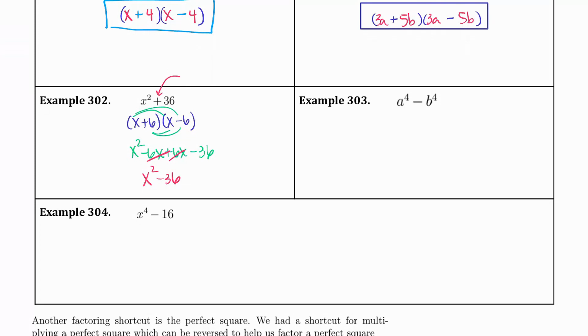Notice here our problem was x squared plus 36. So this is the sum of squares. And we actually cannot factor the sum of squares. This is just prime. So if it's not the difference of squares, we cannot factor it. So cannot factor, it's prime.